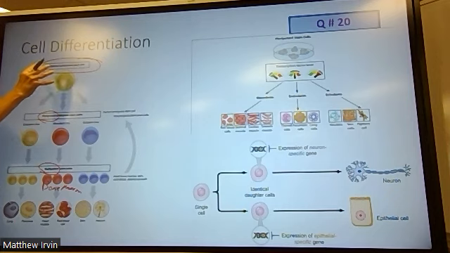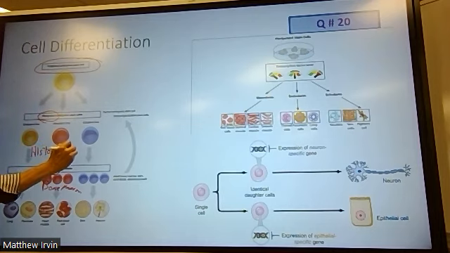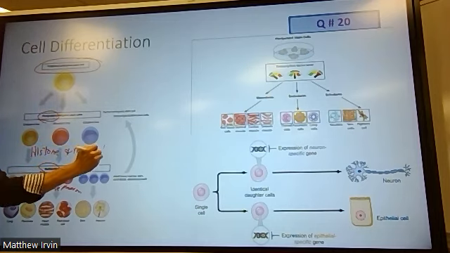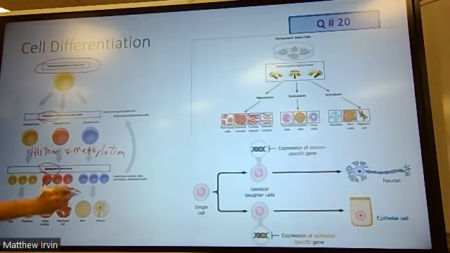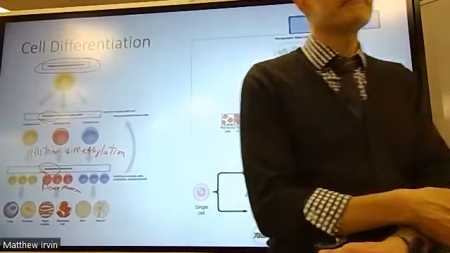And so what's happening as we go from totipotent to pluripotent to multipotent is histone modification and methylation, and we start turning off genes permanently.